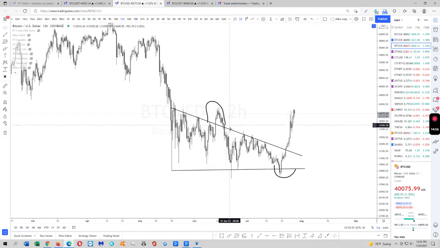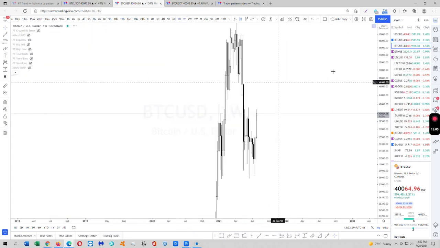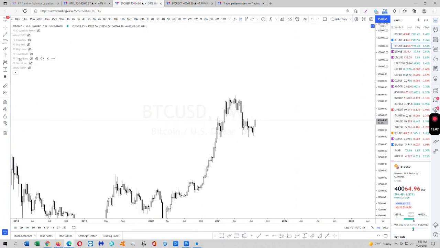So it faked out to the top, then came and faked out to the bottom, so then it broke out anyway. So it might do the same thing on the flip side, so just be careful for the higher time frame. But I still think that we are creating a massive accumulation range over here.